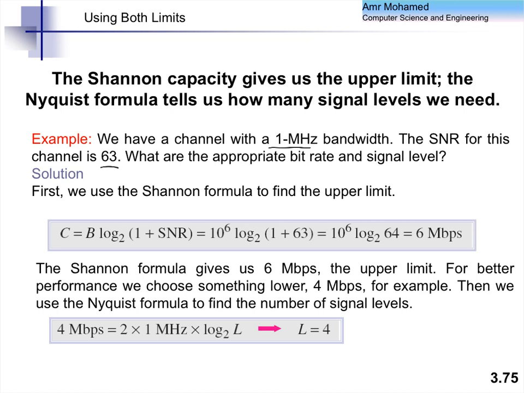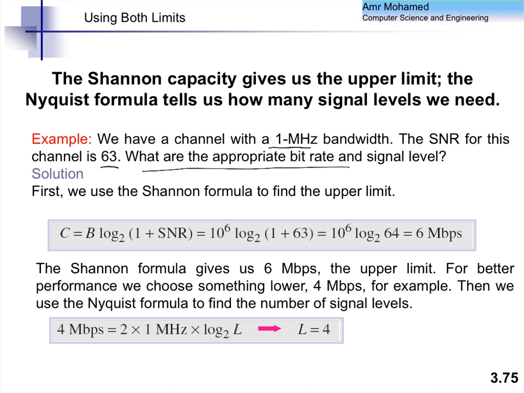Pay attention to the units here. This is 63 what? This is a ratio, it's unitless. If I put decibel, then this 63 is huge. But as a ratio, this 63 is low. It's actually very low.